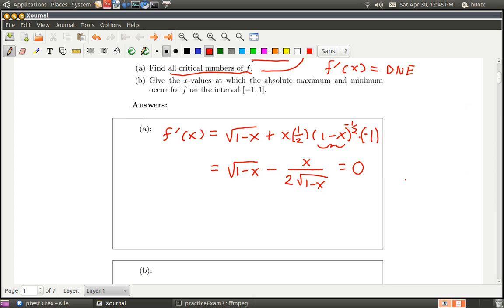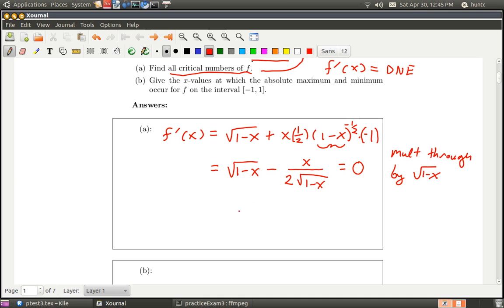So I guess we should clear this irritating radical of 1 minus x, right? So let's multiply everything in sight by the square root of 1 minus x. So okay, multiply through by this.